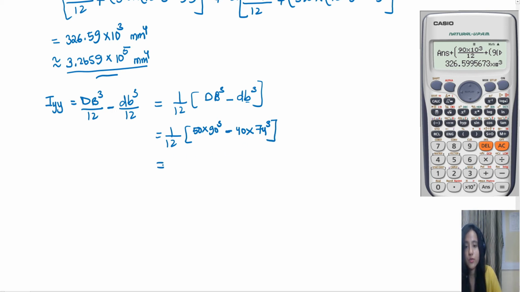It will be equal to, let's solve with a calculator: 1 by 12 into 50 into 90 cube minus 40 into 74 cube.